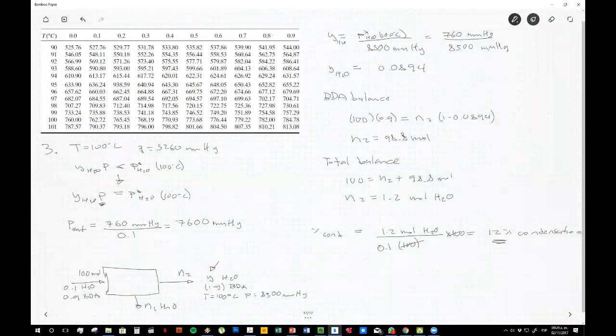Going to that amount of pressure, 8,500 millimeters of mercury, is very difficult. You need a special container and so on. To lower the temperature, you need very expensive or specific things. Okay, so that's the way we can use the Raoult's law.